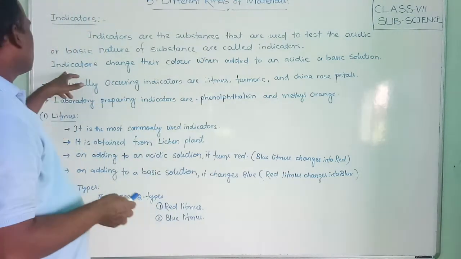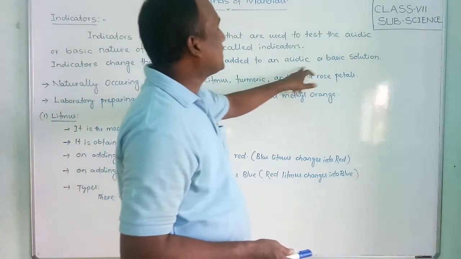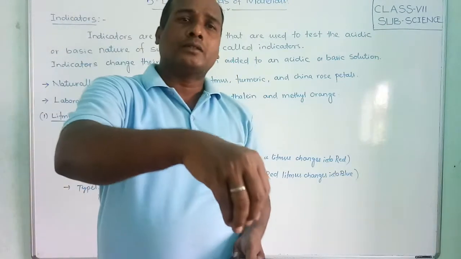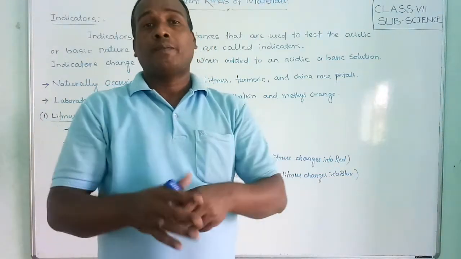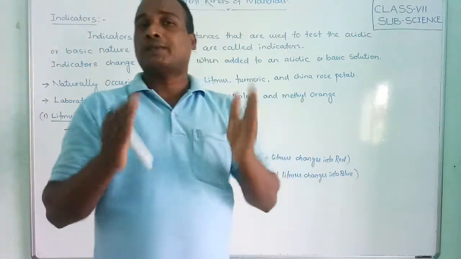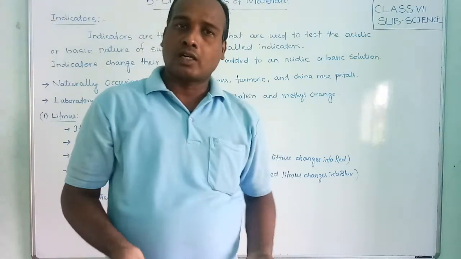Okay, so students, indicators change their color when added to an acid or a base. Suppose you add an indicator and there is no change, then we cannot say whether it is an acid or a base; but specially, it changes its color. Suppose it is an acid.